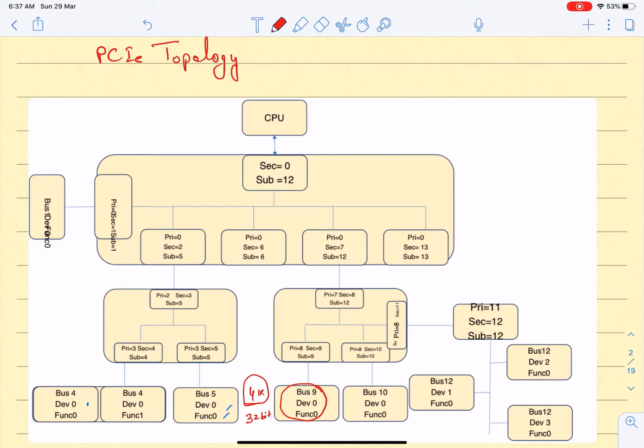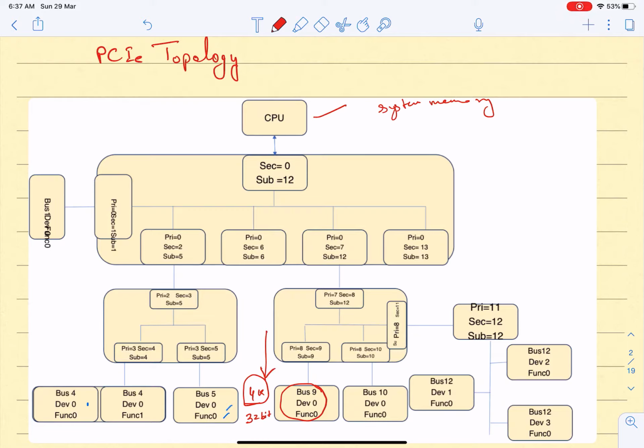Then the host CPU needs to map this address space in its system memory so that the host can access this memory.